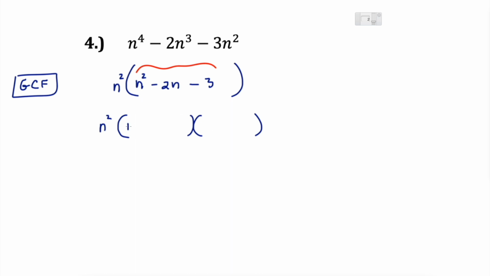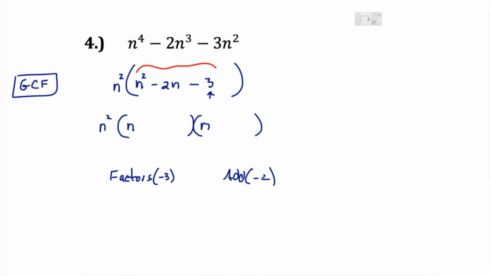So that's going to be n and n, which give us our first term of n squared. Our last term right here is negative 3. So we're thinking, okay, well, what are the factors of negative 3 that add to negative 2?